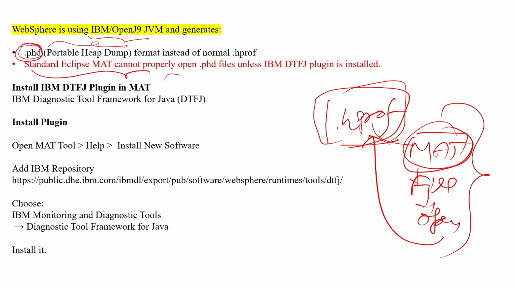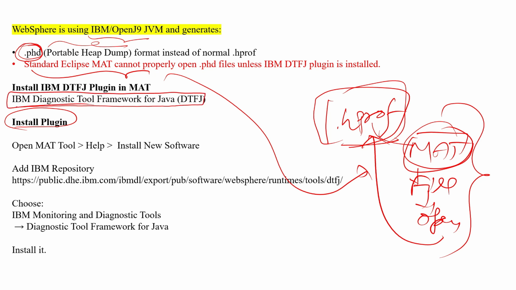So your Eclipse MAT cannot open this file directly unless you install the respective plugin. This is one of the things that you have to understand if you are going to analyze the WebSphere heap dump in Eclipse MAT. You need to install a particular plugin, which is the IBM Diagnostic Tool Framework for Java, DTFJ. So this is the plugin that you need to install in the MAT tool.